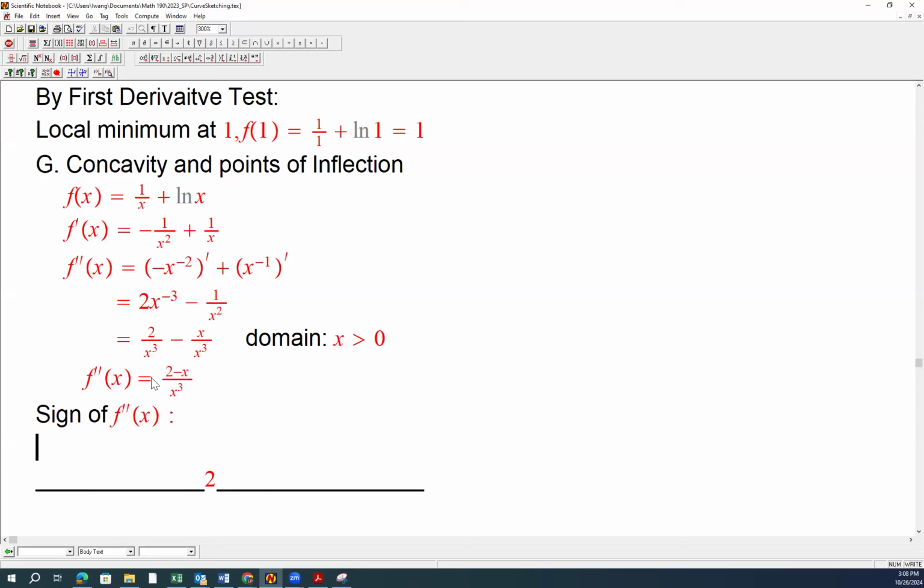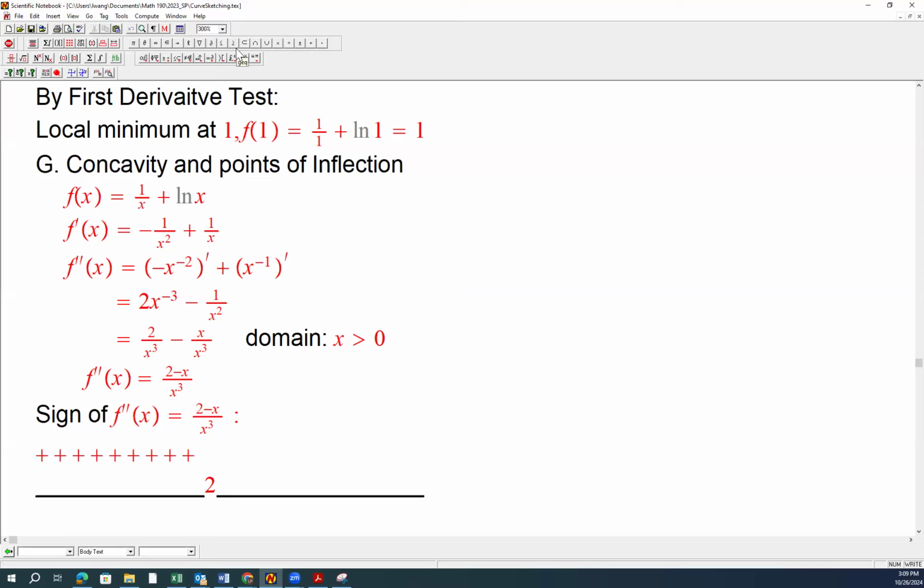For the second order derivative, you look at 2 minus x. When x is less than 2, it's going to be positive. At 2 it's going to be 0.